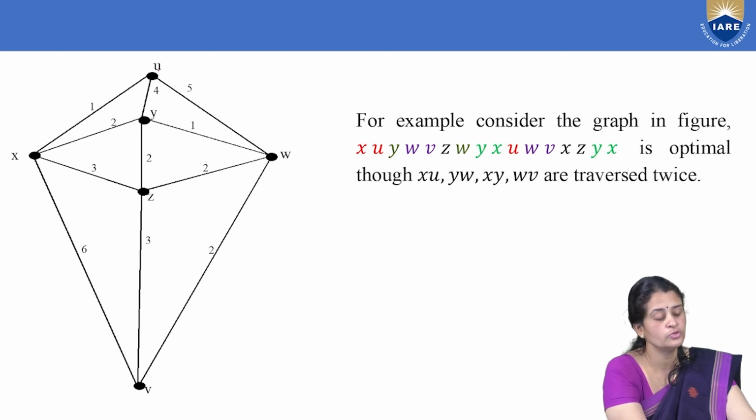First we travel from U to Y, then Y to W, W to V, then V to Z, Z to W again, then W to Y, Y to X, then from X to U, U to W again, then W to V, V to X, and X to Z, and Z to Y, and Y to X. That is, we started from X and we end at X, but we are using some edges again with less weight.